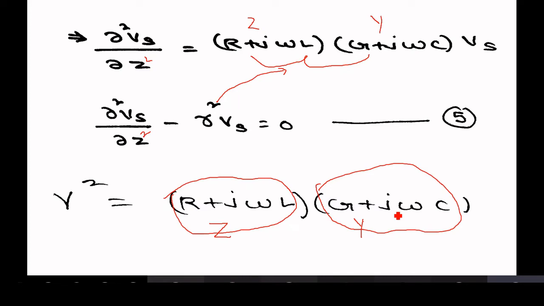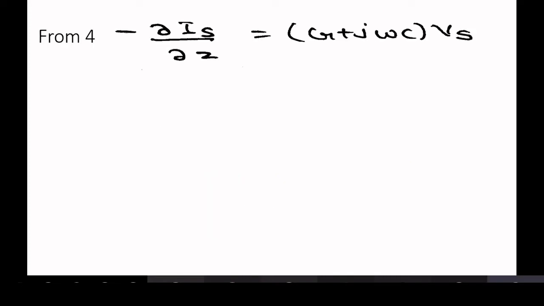Now we will take the other equation, the second equation: minus dou Is by dou Z is equal to Z plus j omega C into Vs. Now differentiate this with respect to Z again, on both the left hand side as well as the right hand side.